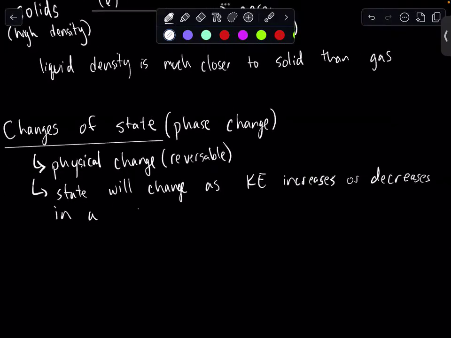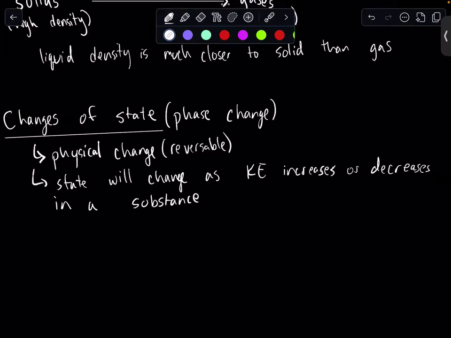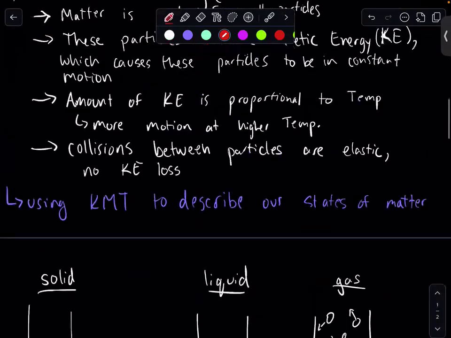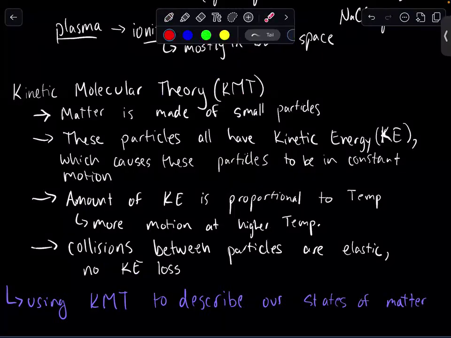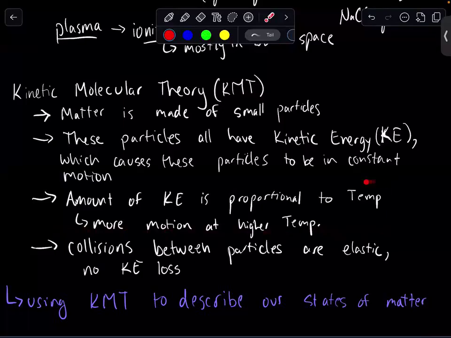Now, at the top, we mentioned that we're going to be using equations to represent changes of state. So why don't we look at an example of ice melting? Generally, ice in its solid form is referred to as H2O, and we'll use the state symbol solid. Then, as we apply heat, and remember, the amount of kinetic energy is proportional to the temperature, so more motion at higher temperature.